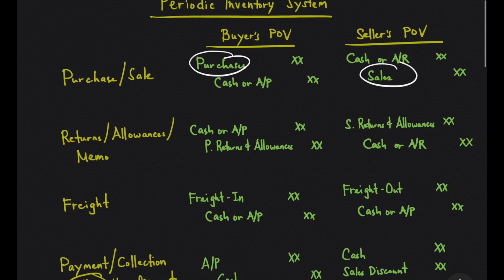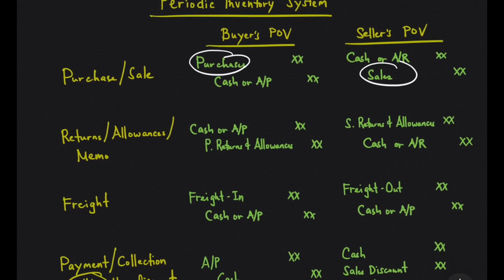Okay, how about in case of returns, allowances, or memos given by the seller to the buyer or buyer to the seller? This will be the entry. Actually, it's just the reverse of the initial entry because you just returned what you purchased. But instead of using purchases or sales, you will be using a new account title. For the buyer, you will be using purchase returns and allowances.